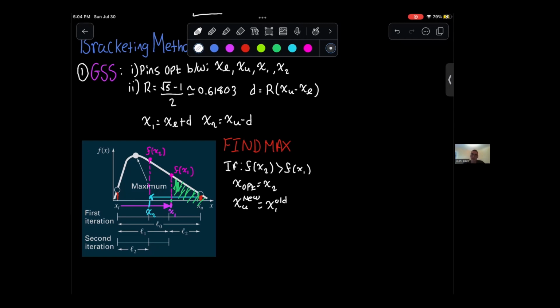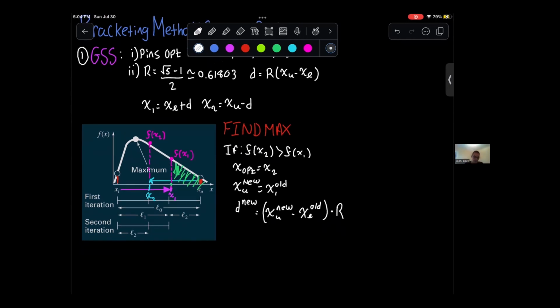From here, since I have a new x upper, I need a new d value. So d new is x upper new minus x lower old, multiplied by r. Now here's the cool thing about the golden section search.